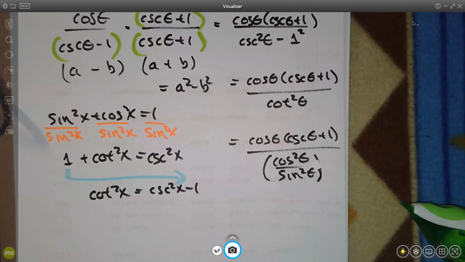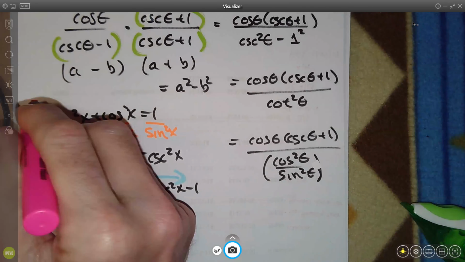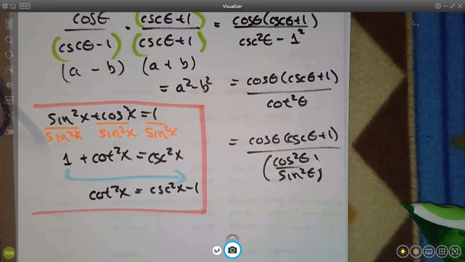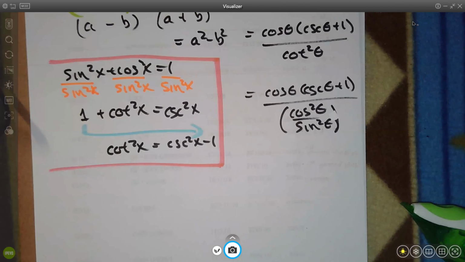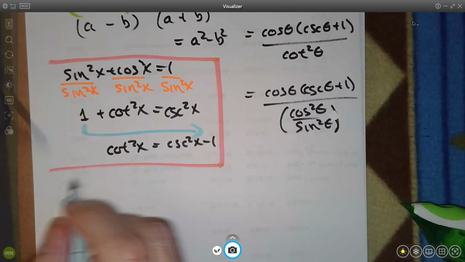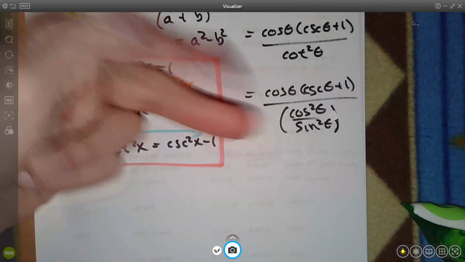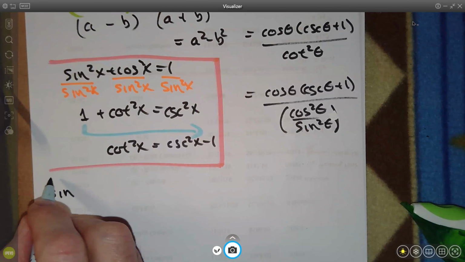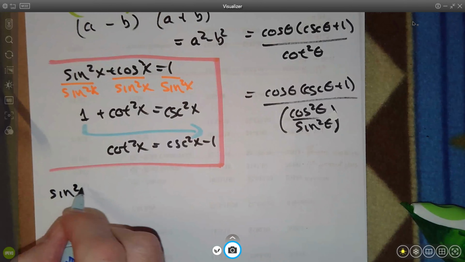Thank you so much. So this is kind of like some scratch work. We're working around that. Let me bring that over to here. And I'm going to take and multiply by the reciprocal. So it's going to be sine squared of theta over cosine squared of theta.